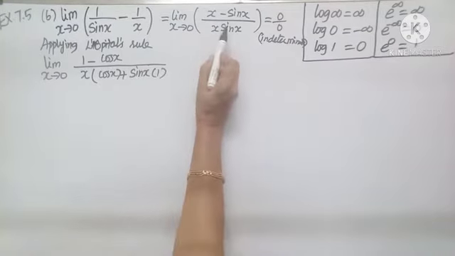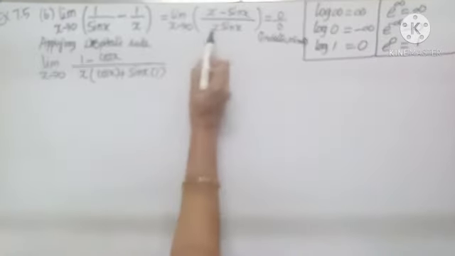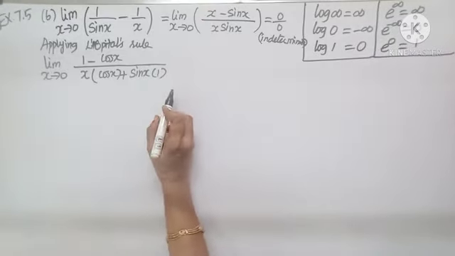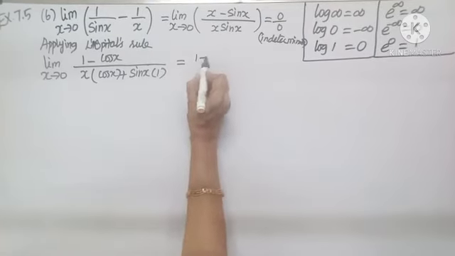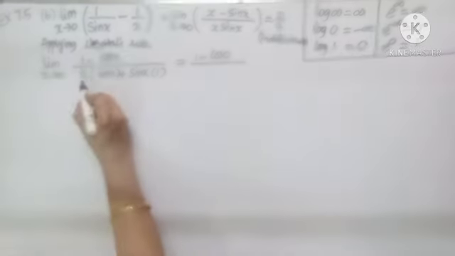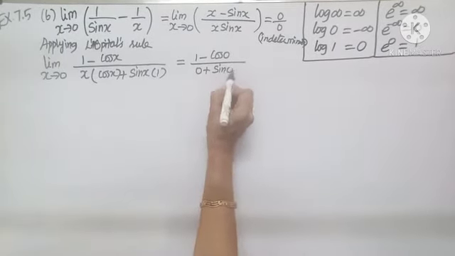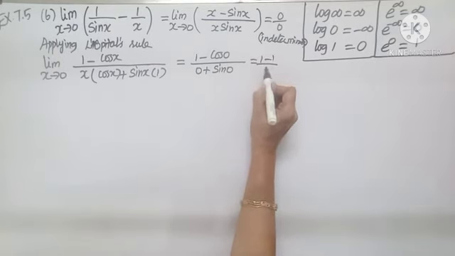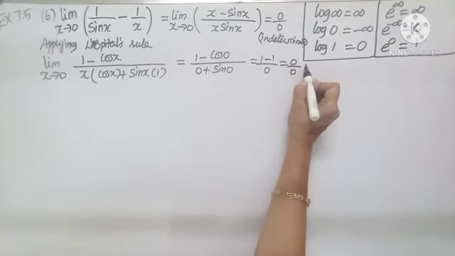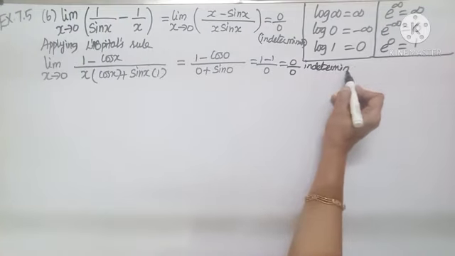Keep x, sin x will become cos x. Plus, keep sin x, x will become 1. Apply the limits: 1 minus cos 0 by 0 into anything is 0, plus sin 0 is also 0. We get 1 minus 1 by 0, which is 0 by 0.